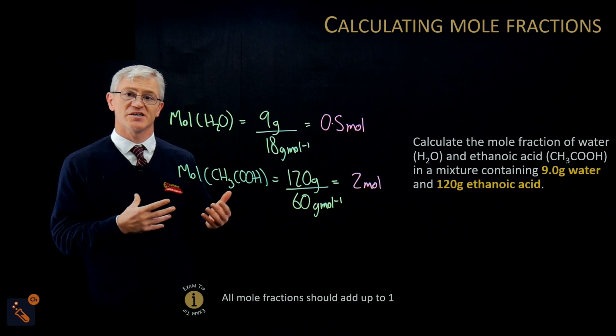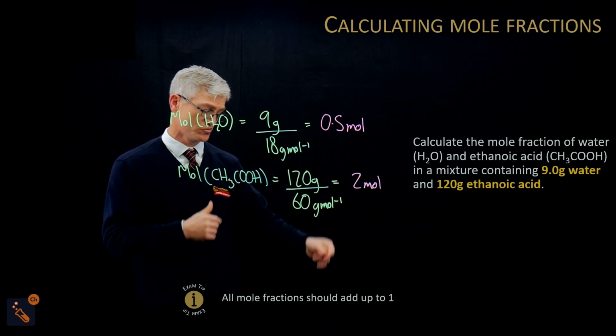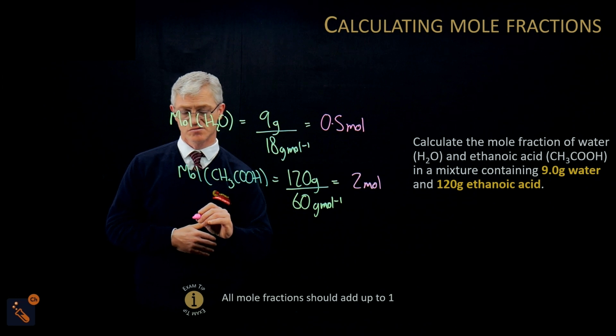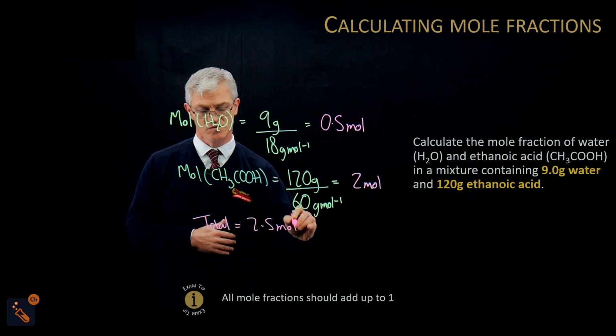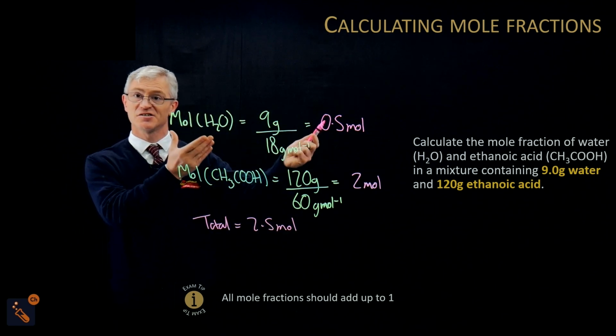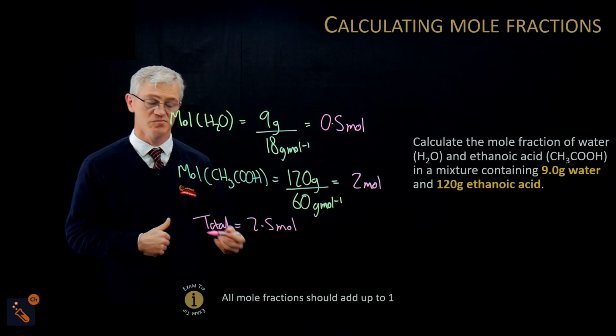Now we need to do our mole fraction. The total number of moles is 2.5, so the total is 2.5 moles. A mole fraction just takes each number of moles and divides it by the total.